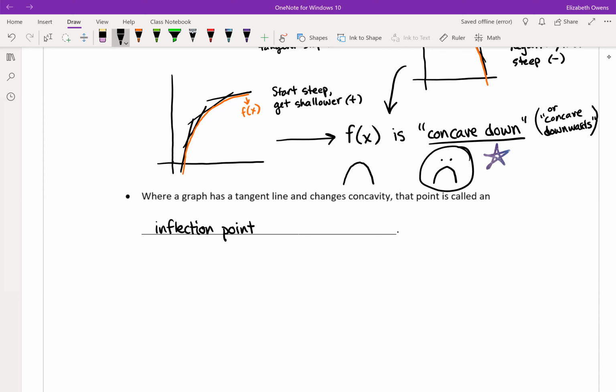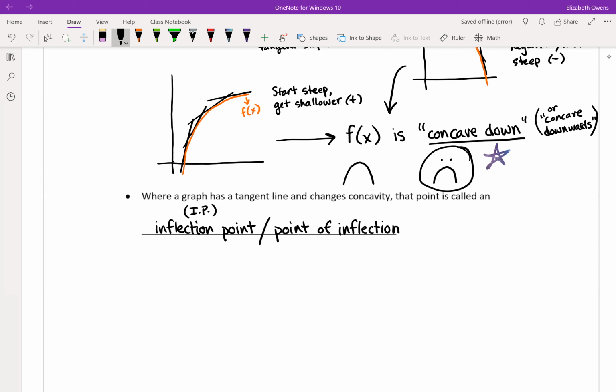Okay, inflection point, or point of inflection if someone's feeling a little fancy. I think our book calls these points of inflection, but I learned it as inflection point, IP for short. So inflection point or point of inflection, it means the same thing. It's practically the same wording.